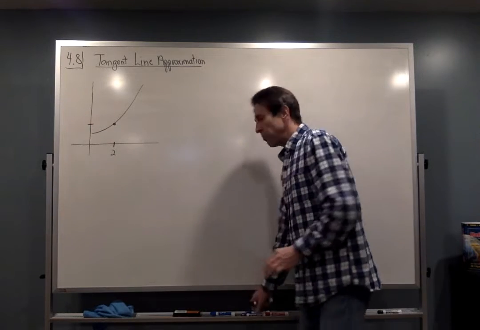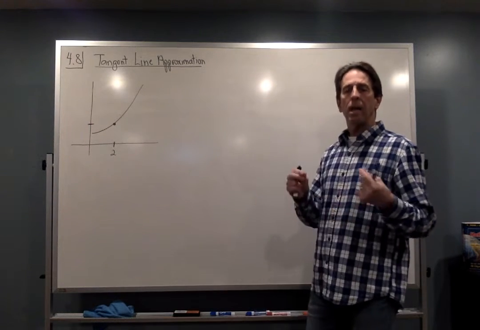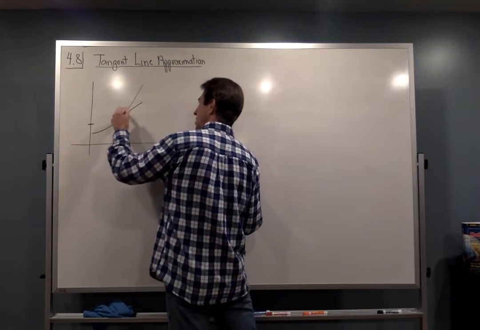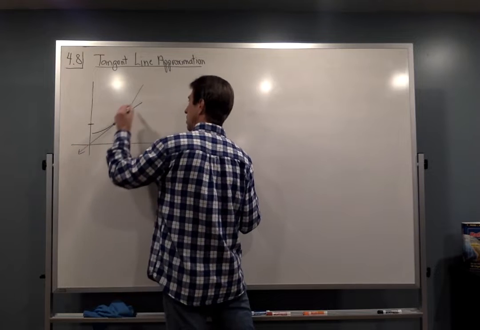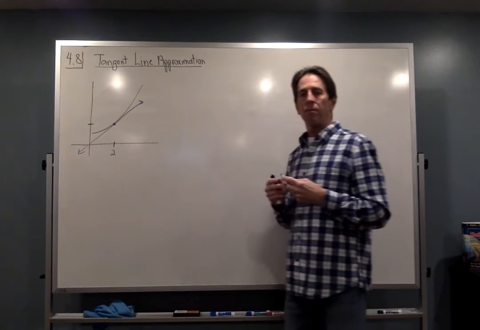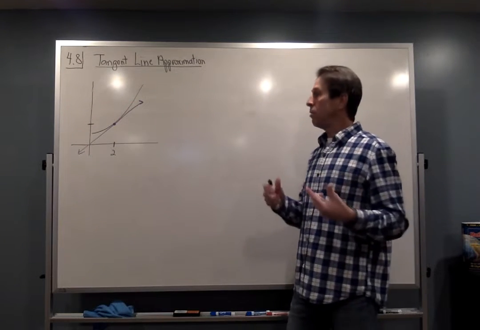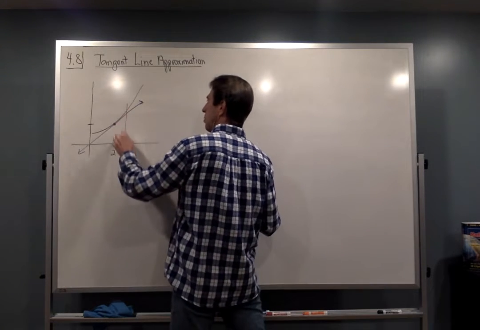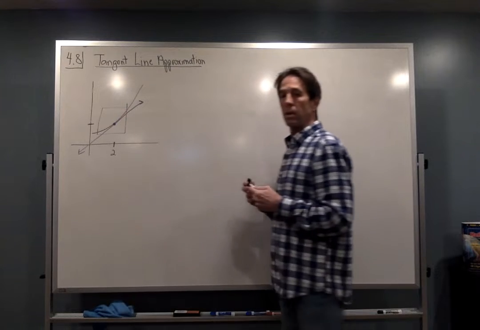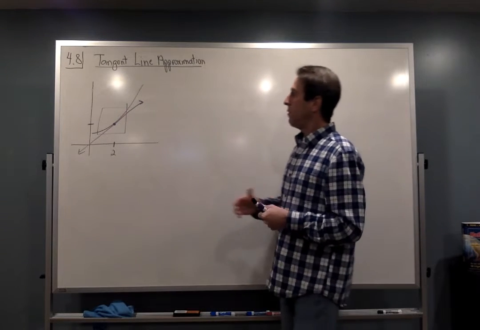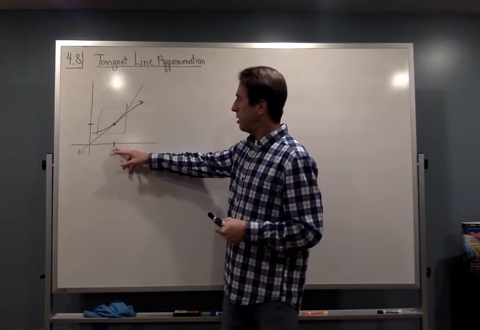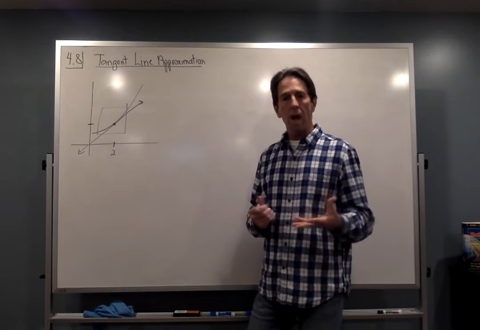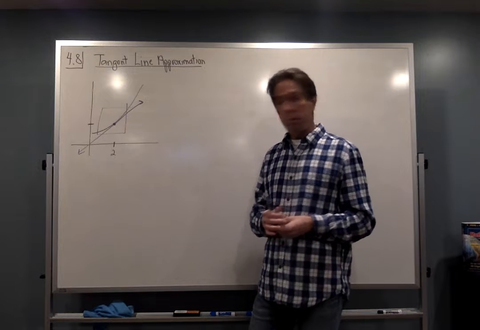So what we do is we anchor a tangent at that point. If I anchor a tangent right here, we can see that the value of the function and the value of the purple tangent line are about the same, at least in some little window. So if I want to figure out the value of the function at, let's say, 2.2, I could really just evaluate the line at 2.2. Now there will be a little bit of a difference.